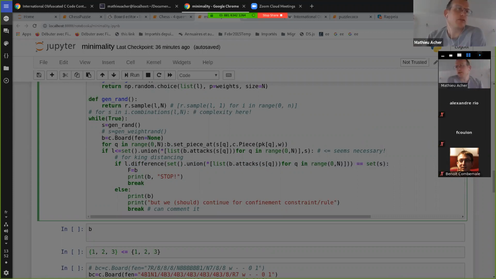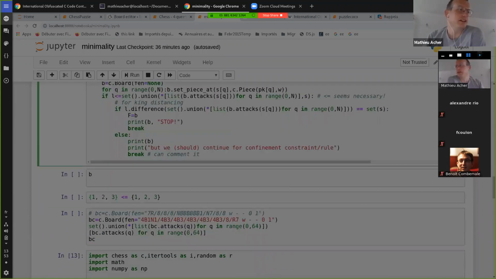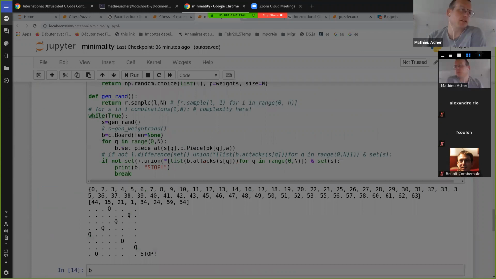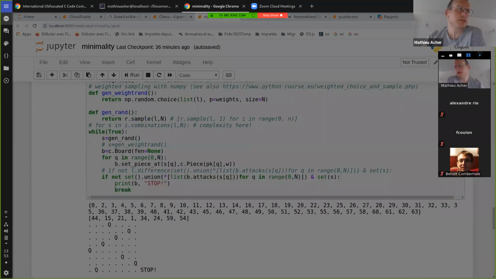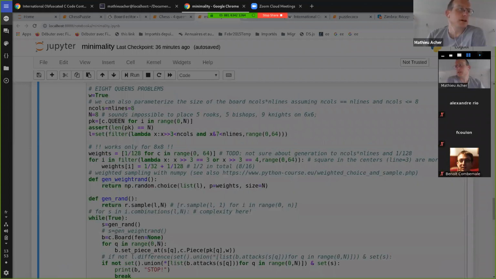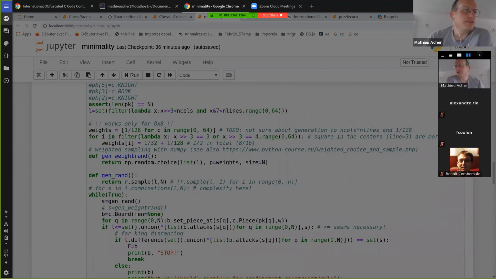But there are also different problems, like a puzzle I invented myself, basically. It's the problem of placing kings in a distant way. So you cannot see it, but basically, yeah. I invented new problems by doing that. And at the end, I have a kind of DSL.